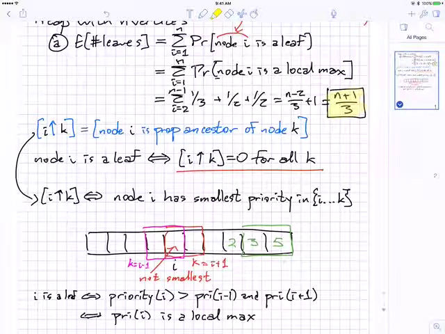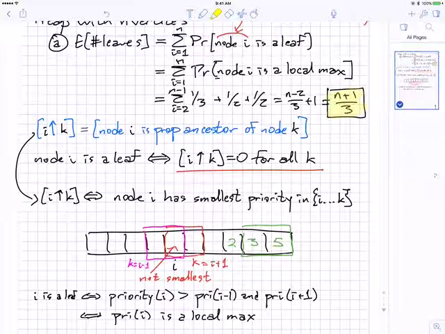Or in other words, when it's neither a local maximum nor a local minimum. And so for the nodes in the middle, that's a third, a third, a third. The only thing that changes are the nodes on the ends. In particular, the probability of being a local minimum is exactly the same as the probability of being a local maximum. So the answer for how many nodes have 2 children is, again, (n plus 1) over 3.